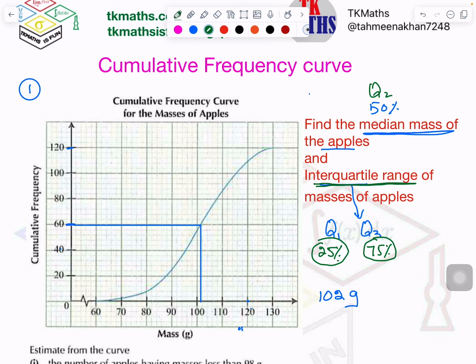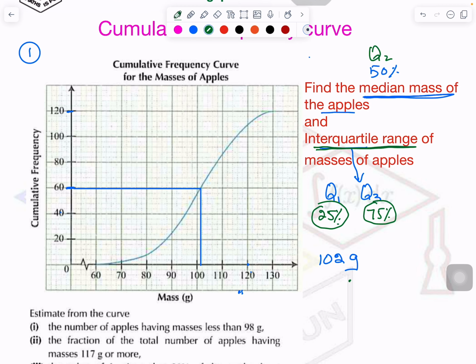So let's find out 25% and 75% first of all. What is 25% of 120? 25% of 120 will be 30. So it will be somewhere in the center, right? And what is 75%? It will be somewhere 90 here.